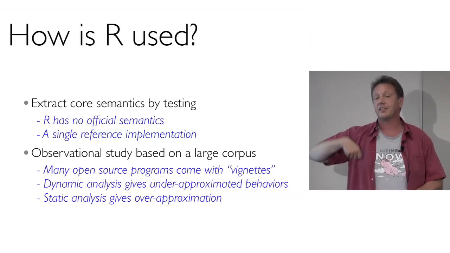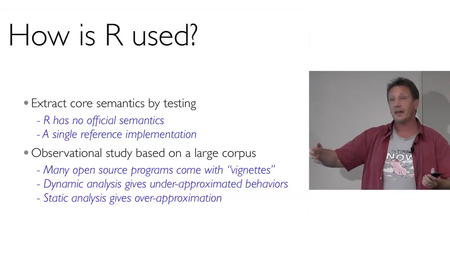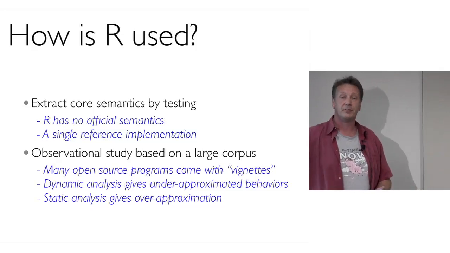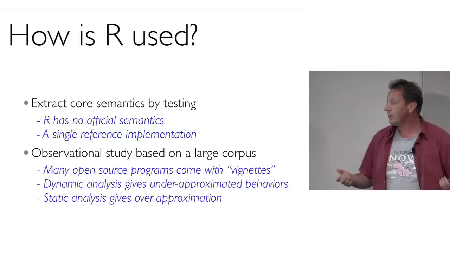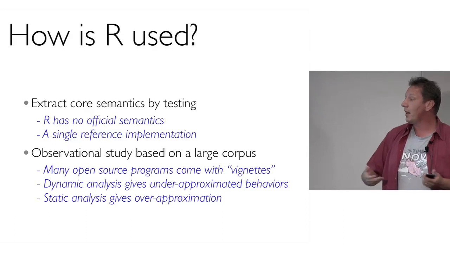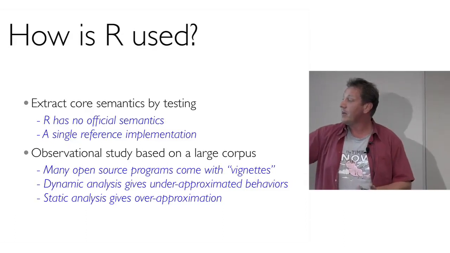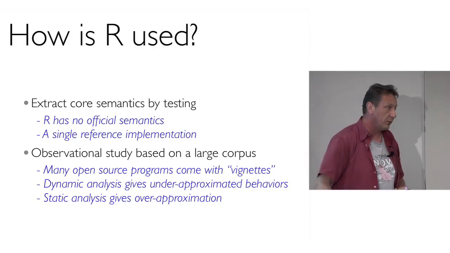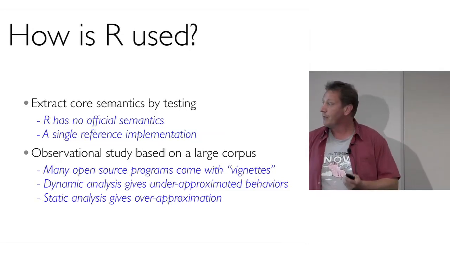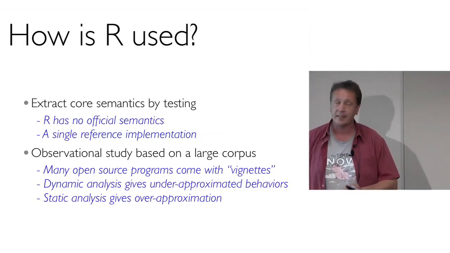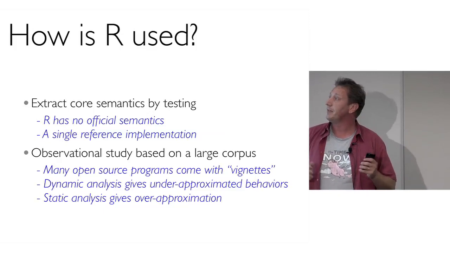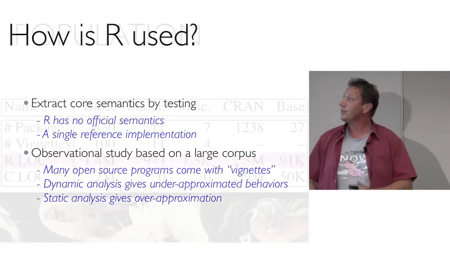A vignette is like a self-test. It comes with data and a little bit of code, and runs the library. So we run the vignettes, and we try to analyze both dynamically and statically what the programs are doing. I'll give you some information from this in the following slides, and I'll mix this with a little bit of the R semantics, just to give you a feeling.